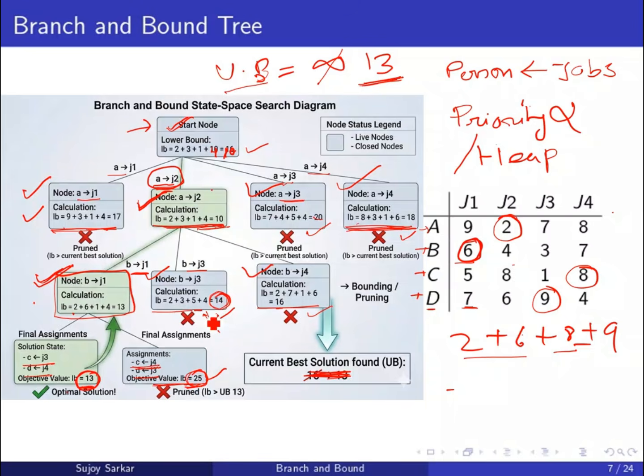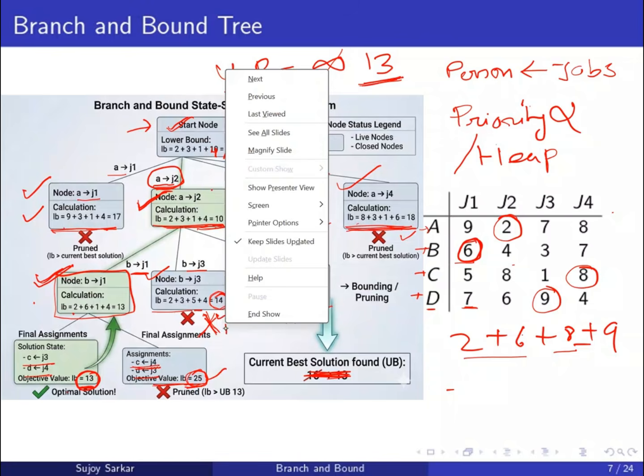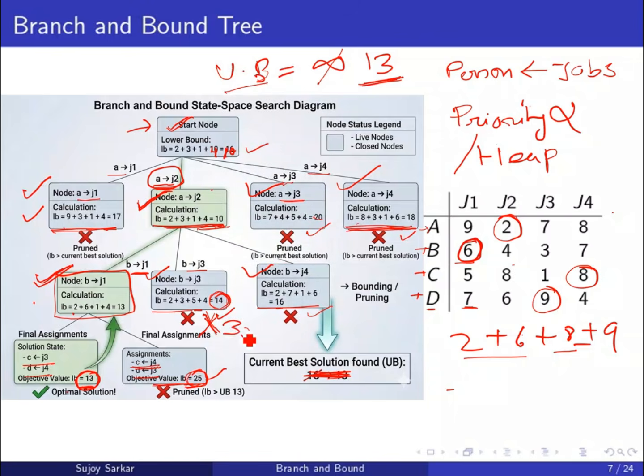So do we need to go down this path? No, because we already have a lesser cost solution. So here we will do something called pruning or bounding. This way we stop generating unnecessary nodes, which reduces the search space or searching cost.